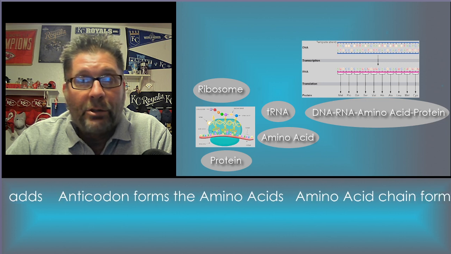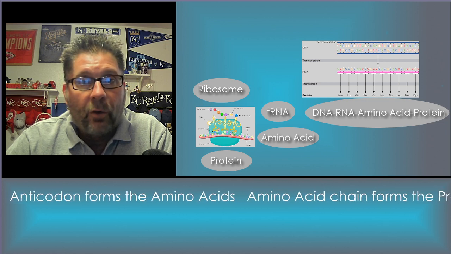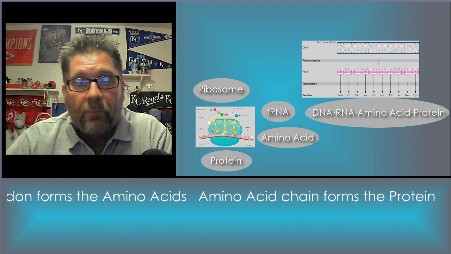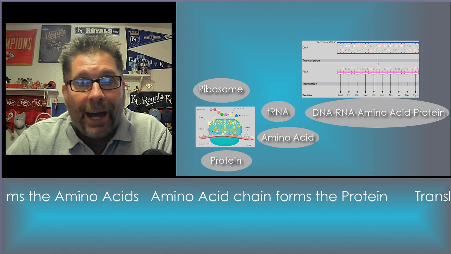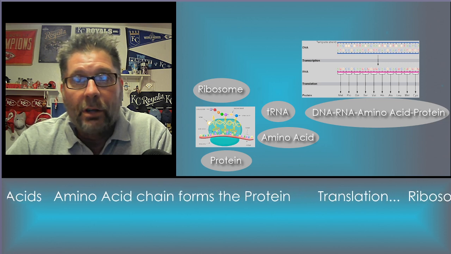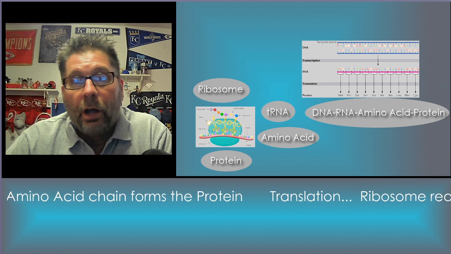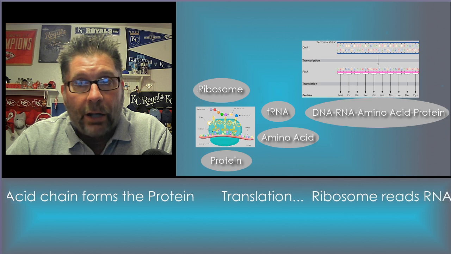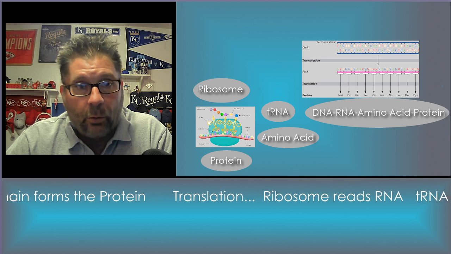So you've got your ribosome, which is that big green blob that reads the RNA. The tRNA adds the appropriate anticodon, or the collection of three nucleotides based on the RNA rules. Those form the amino acids, which eventually form the protein.